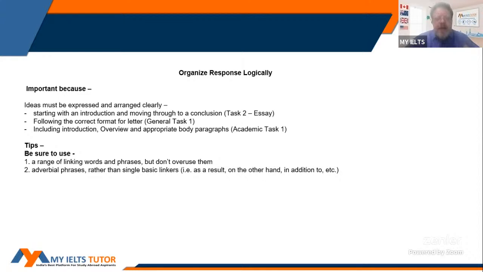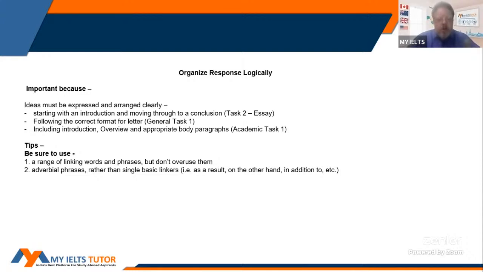Then you want to use adverbial phrases rather than single basic linkers. The following are adverbial phrases. Basically, they're a phrase built on a particular adverb. So we have as a result, on the other hand, in addition to, on the contrary, for instance.